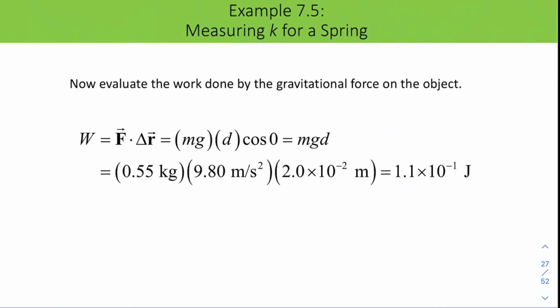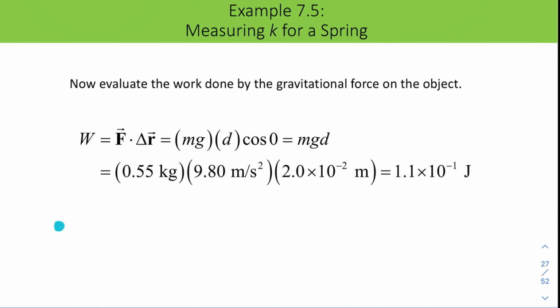Now evaluate the work done by the gravitational force on the object. If we're talking about work done by the gravitational force, it means work done by the weight, or mg. Based on the same concept of F dot delta r, now our F is mg, our r is the d, and the angle between the weight and the displacement is 0. How come?